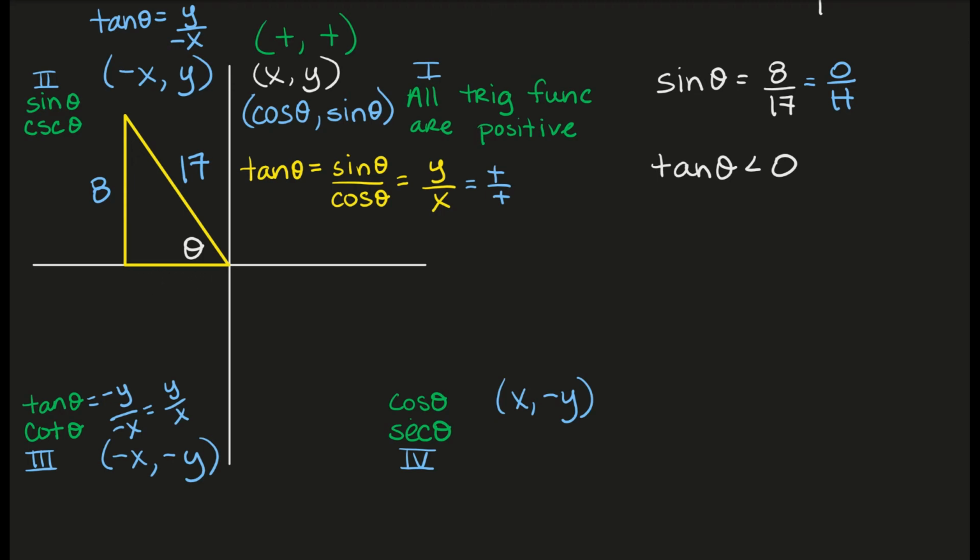So I'll come down here and I'll say x squared plus 8 squared should equal 17 squared. So x is going to be the square root of 17 squared minus 8 squared. So this is going to be 15.